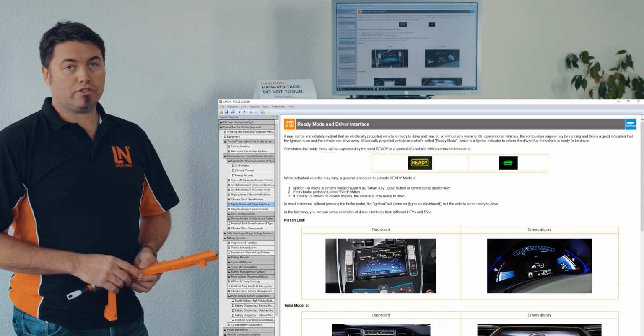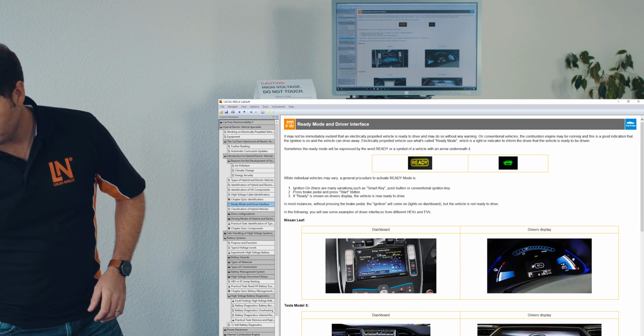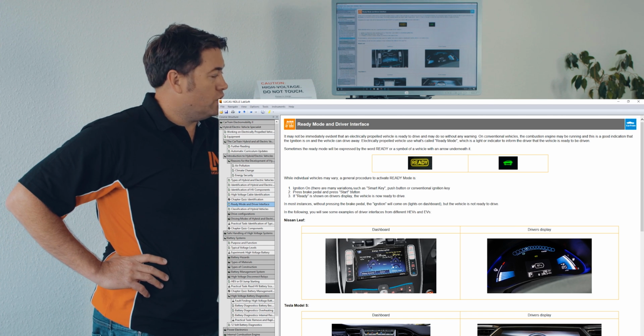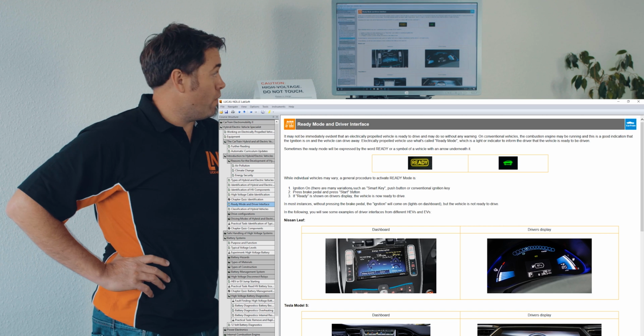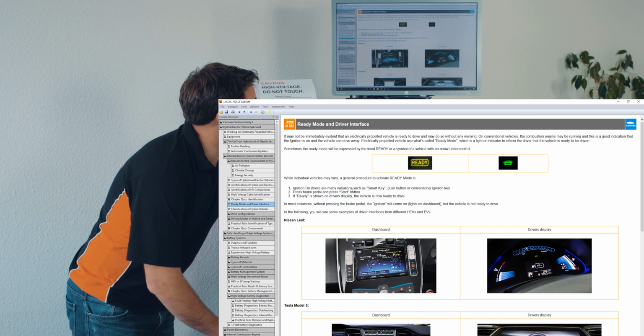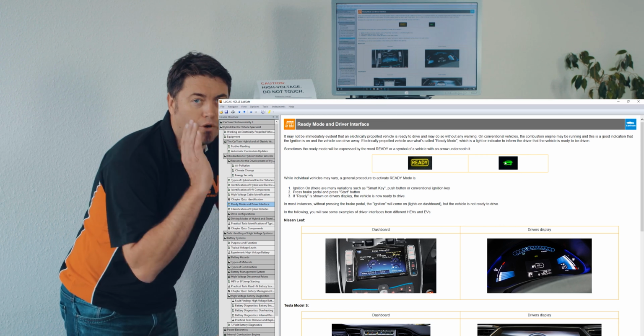Another thing about electrified vehicles is the ready light and how that is shown on the various vehicles. Most of you will know Toyota use a ready light, and a lot of vehicles use a ready light. You also have this here, which is the little vehicle with the arrows going in it.